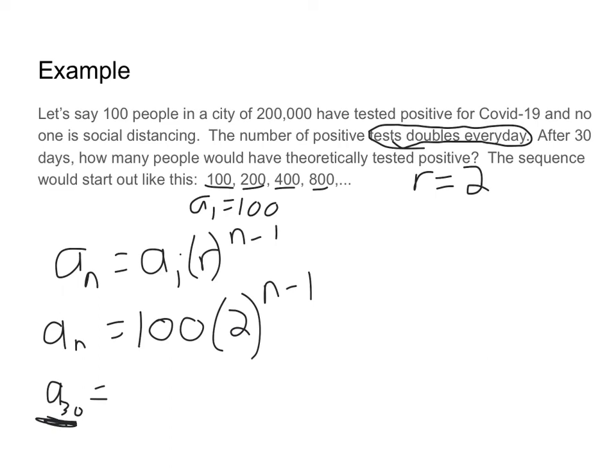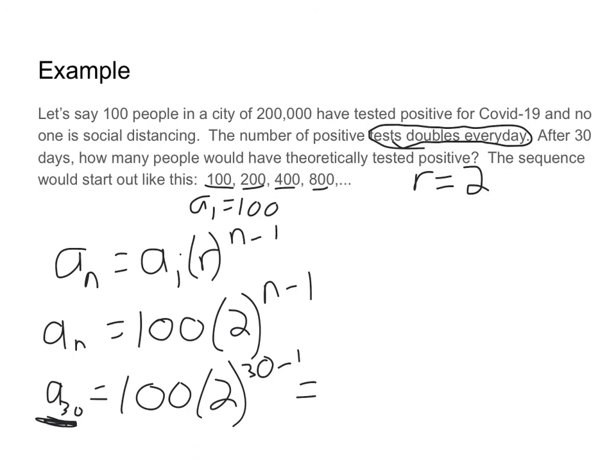All the calculations happen on the right side. So we plug in 30 for n. And this is going to give us a crazy big number. Because think about if I'm doubling this every time, this sequence was 100, 200, 400, 800, 1600, 3200, and it's just going to skyrocket eventually.